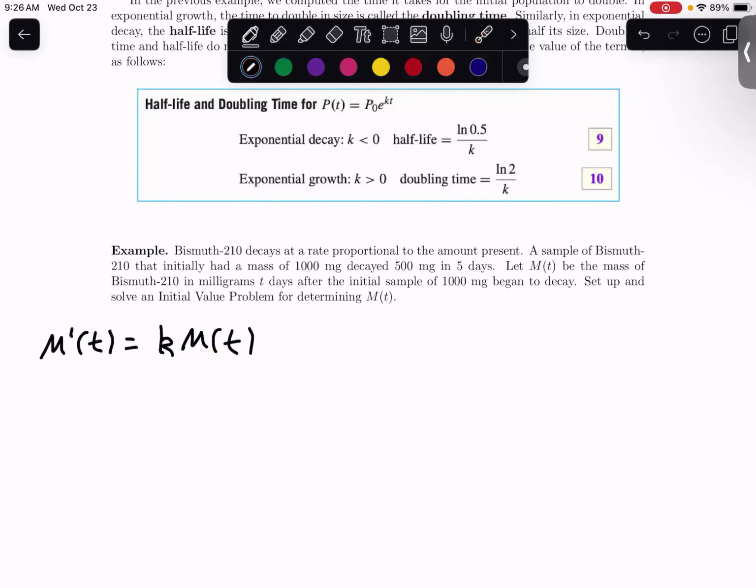Because the derivative and the original function are related in this proportional way, we know that the general solution is of the following form. We have m of t equal to d times e to the kt. So this is the general solution.